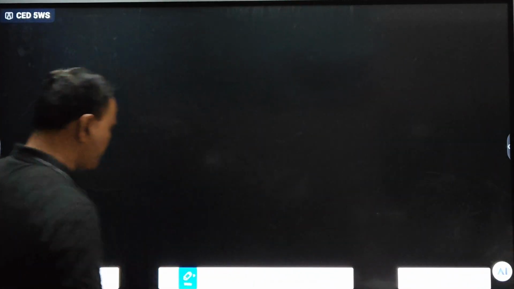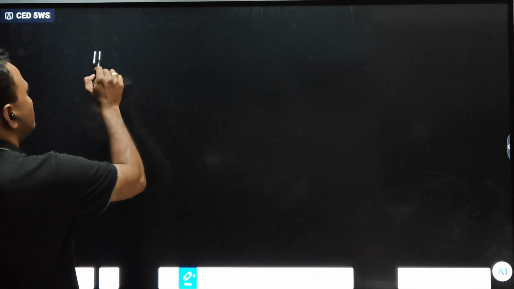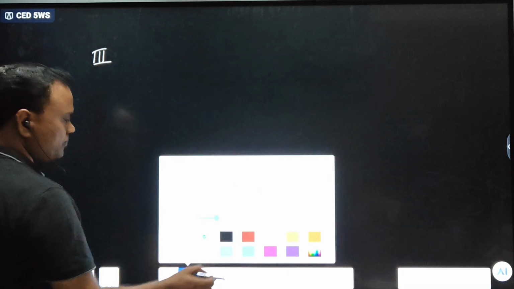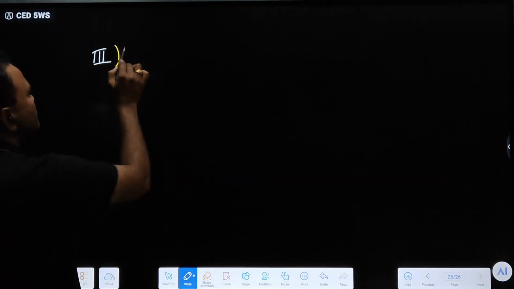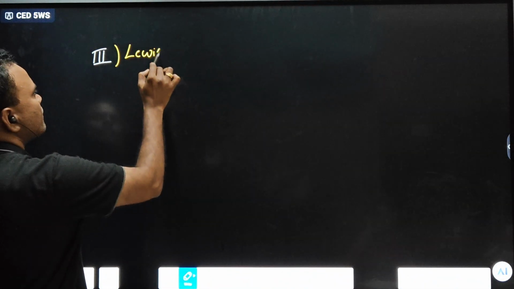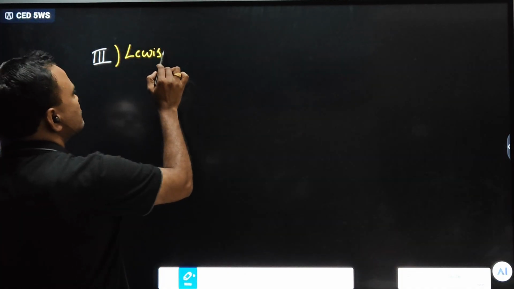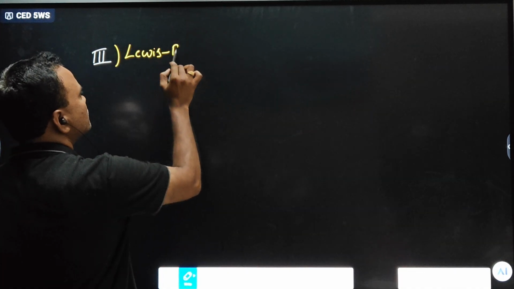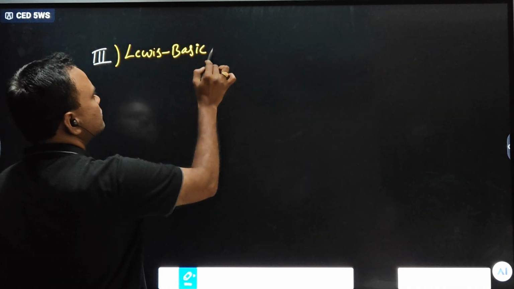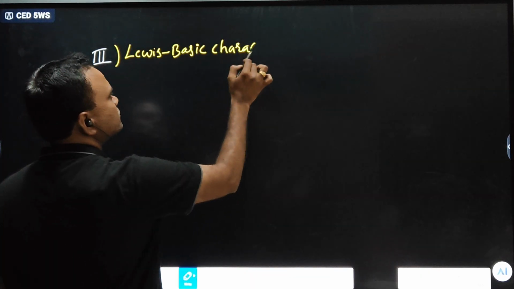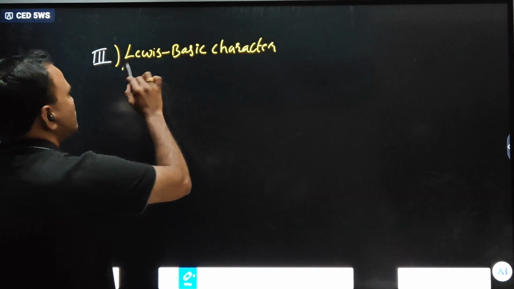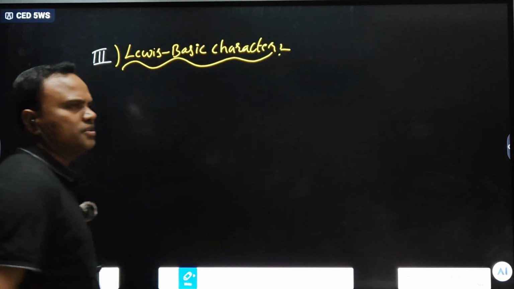And next, Lewis basic character. Adiba, what is a Lewis base according to ionic equilibrium? Lewis basic character.